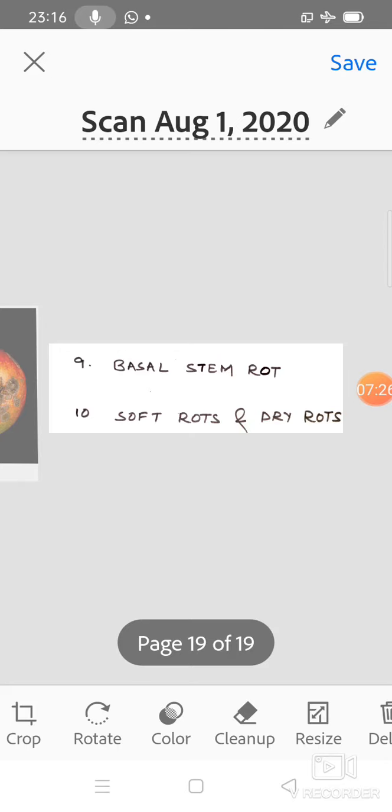So these were the necrotic symptoms which we can see from the infection of fungi. Almost all the above 10 symptoms may also cause pronounced stunting of the infected plants. The plant which is infected by fungi shows stunting of plant height.